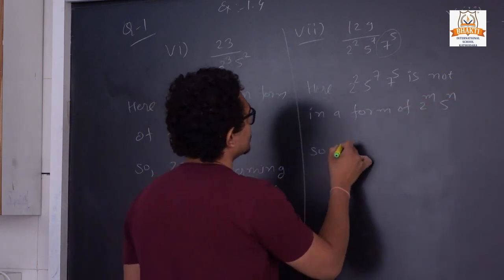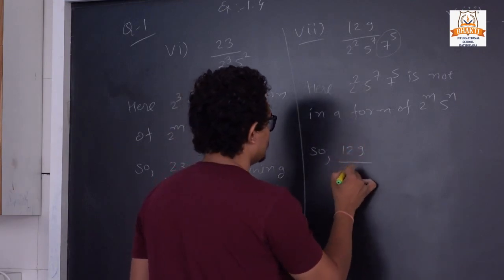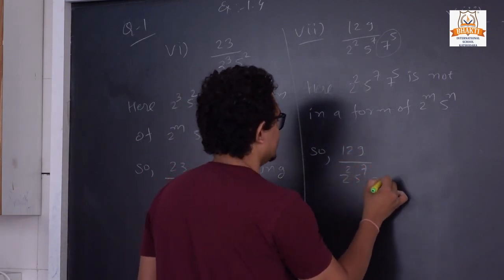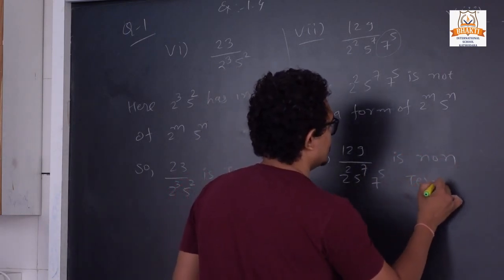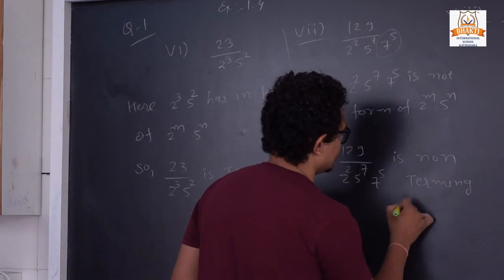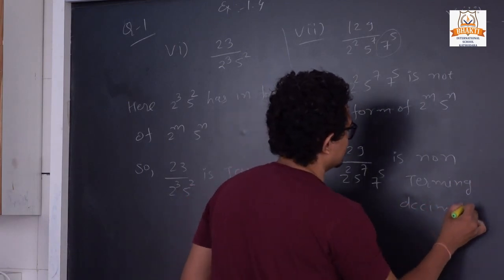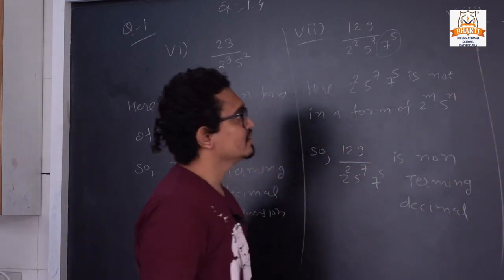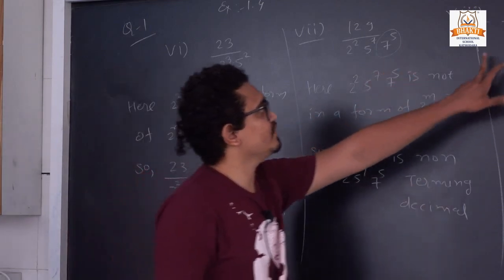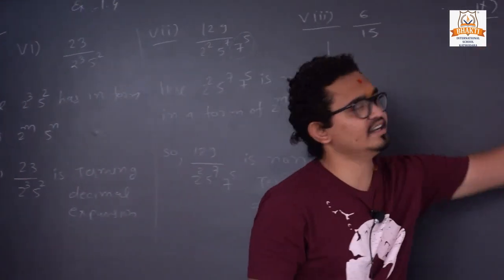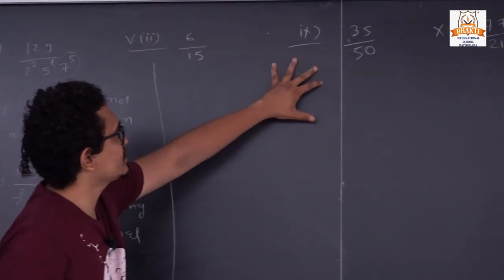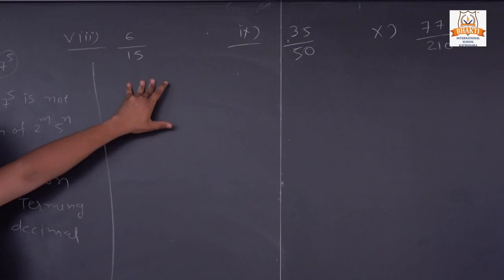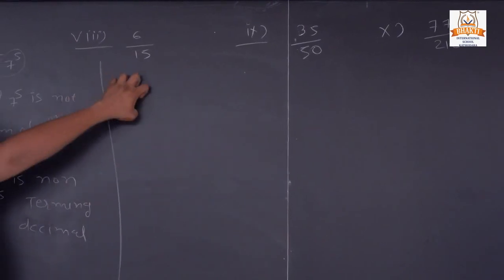So 129 upon 2 raised to 2, 5 raised to 7 and 7 raised to 5 is a non-terminating decimal expansion. So similarly we can also perform questions 8, 9 and 10. So these are in your homework, you can just try at your home, and if any doubts you can ask on my WhatsApp group.